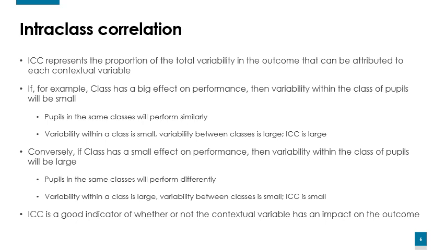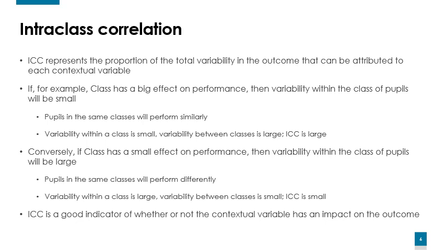So this intra-class correlation, or ICC, what it represents is the total proportion of the variability in the outcome, i.e. test performance, that can be attributed to each contextual variable. So for example, if the variable class, so literally which class the pupils were in, has a big effect in performance, then the variability within that class of pupils will be small.